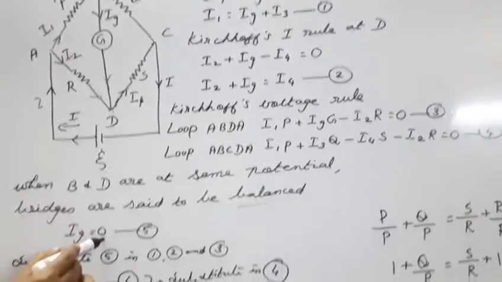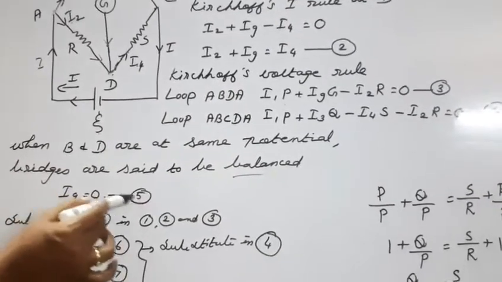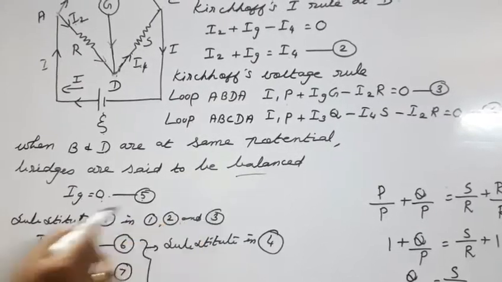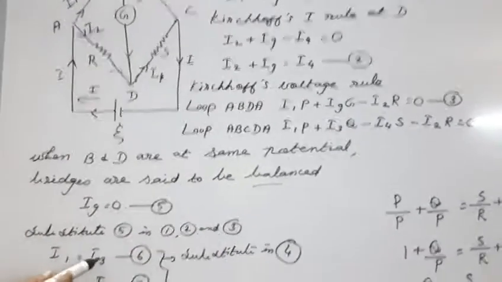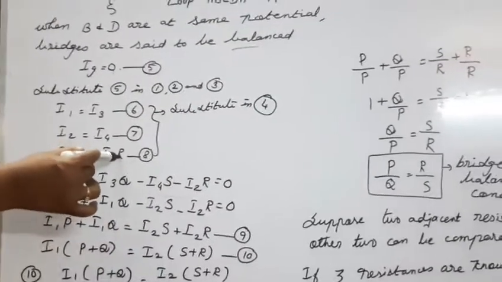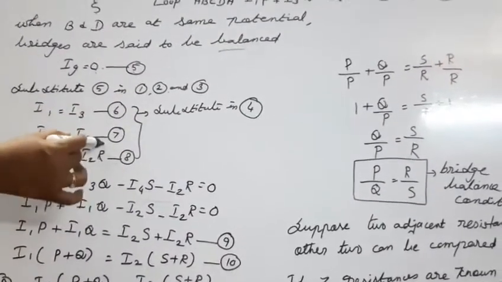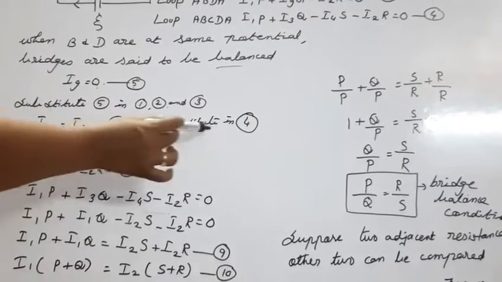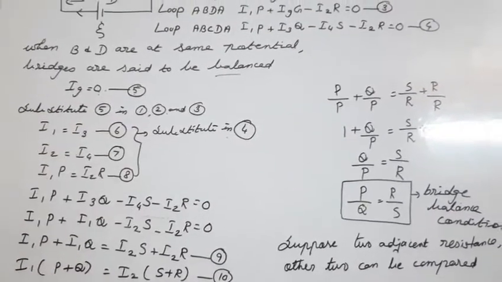Therefore Ig value is 0. So substitute Ig equals 0 in equations 1, 2 and 3. So we get I1 equals I3, I2 equals I4, I1P equals I2R. These three equations, 6, 7, 8, we can substitute in the fourth equation.